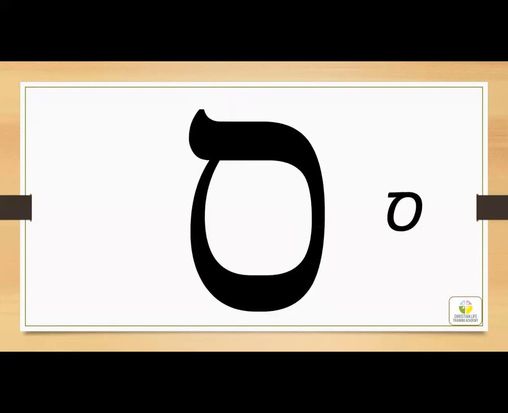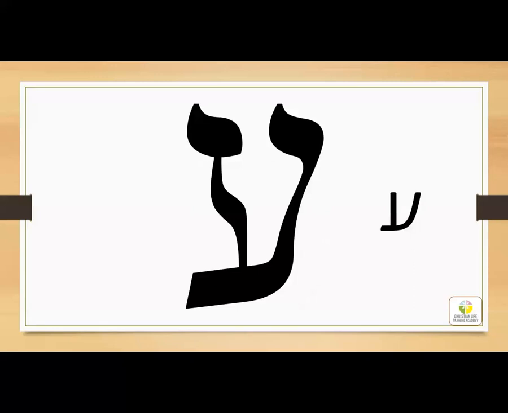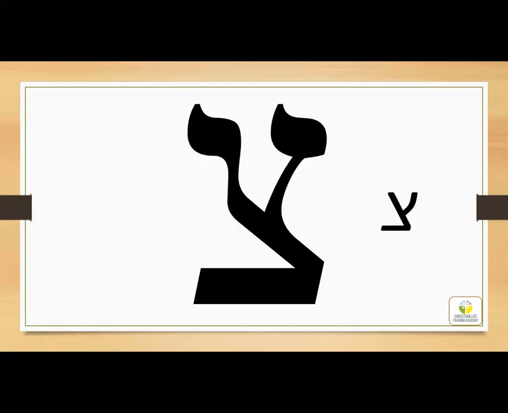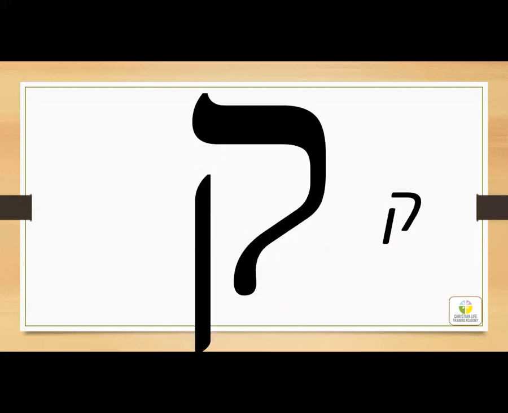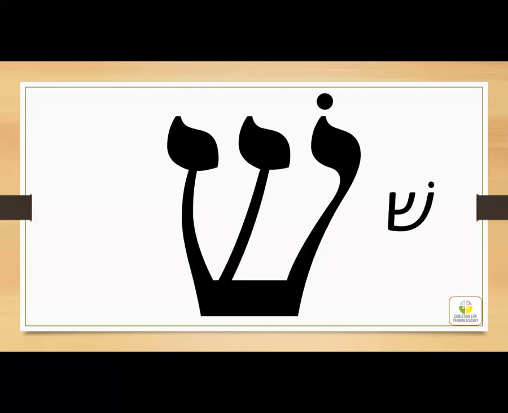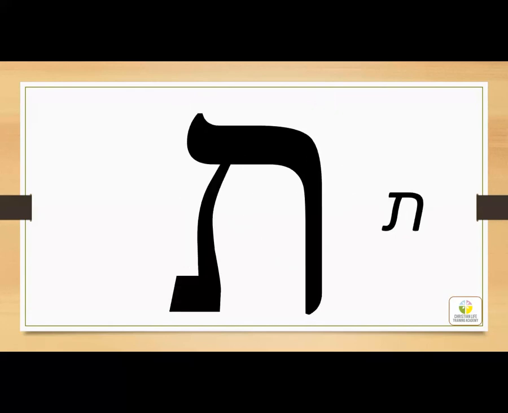Good. Ayin, Fey, then Tsadi, Kof, Resh, Shin, Sin, and Tav. Nice. Very nice. Not too bad. Okay, that's Sharon.